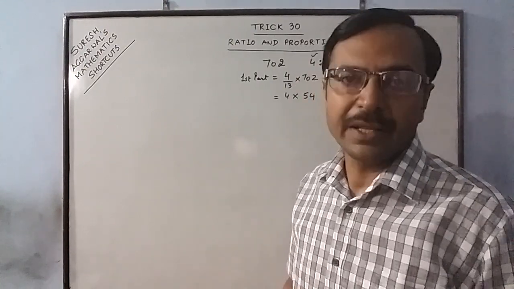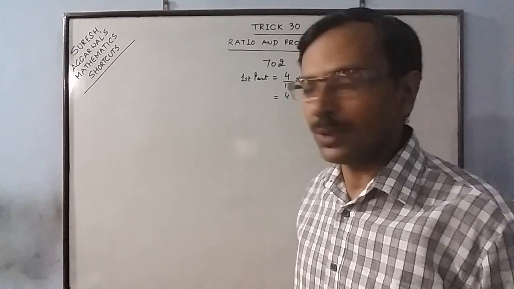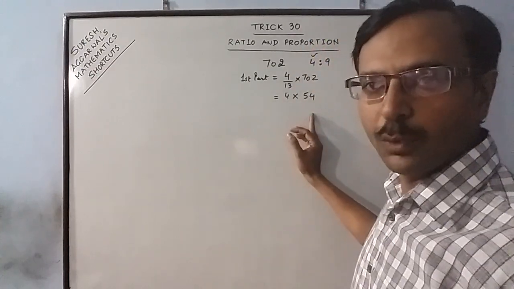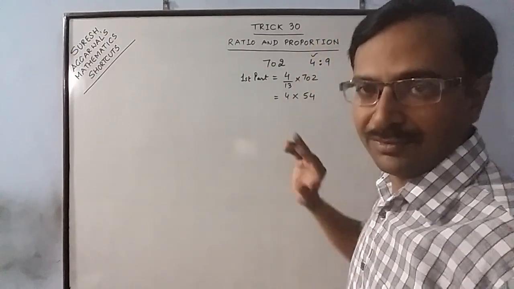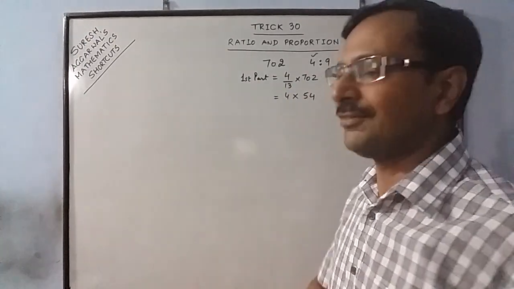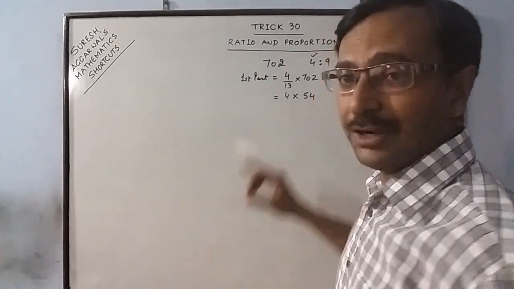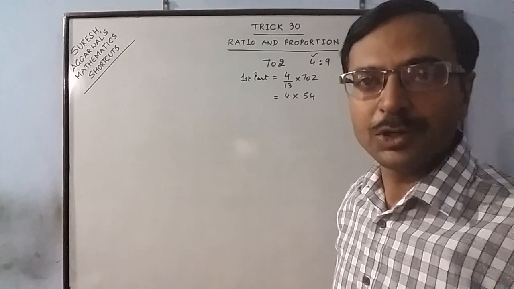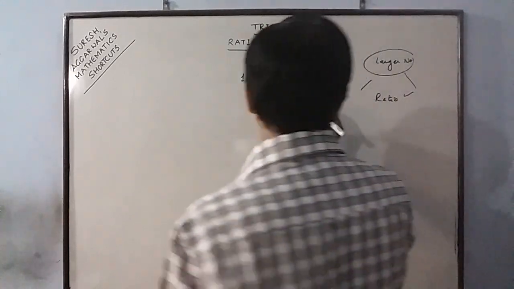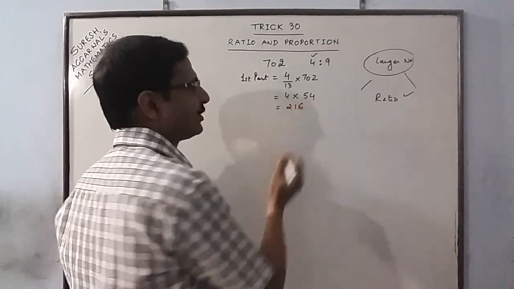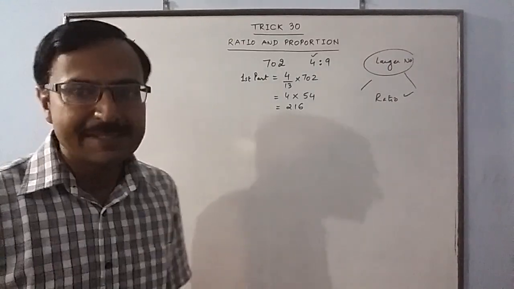It is doubling the number twice. So when we have to double 54, then 54, 108, and 108 again double 216. So answer is 216. So the first part is 216.